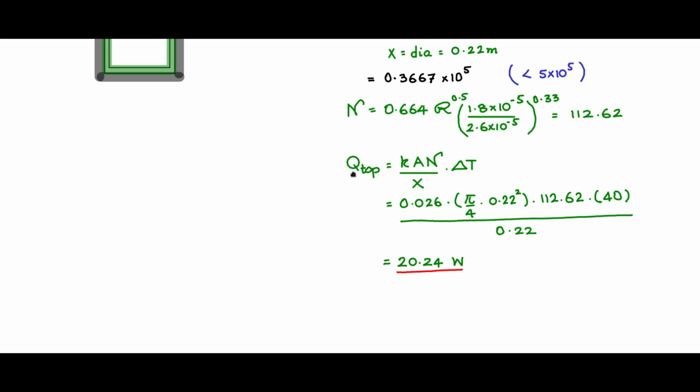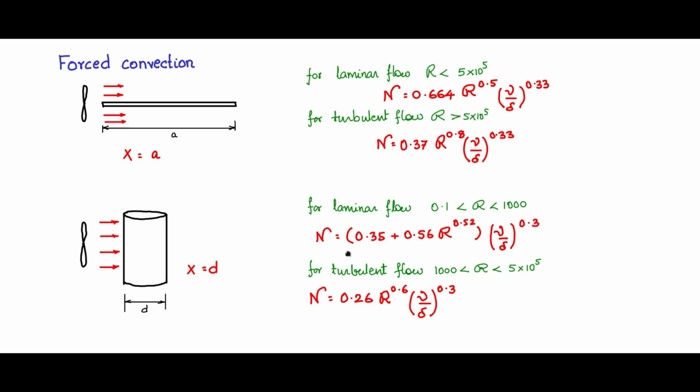Now let us calculate for the sides. What is the heat flow from the sides of the cylindrical aluminum block? Calculating the heat flow from the sides. Now the sides is like a vertical cylinder with forced airflow, and we have seen the relationship for a vertical cylinder with forced airflow.